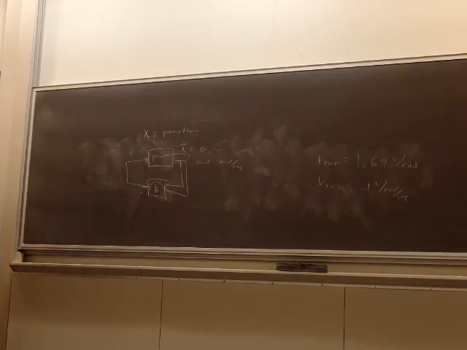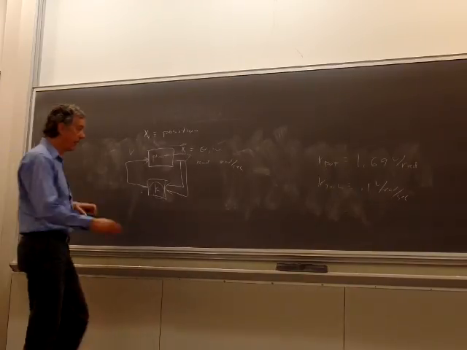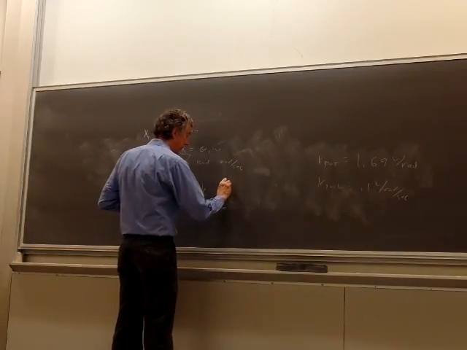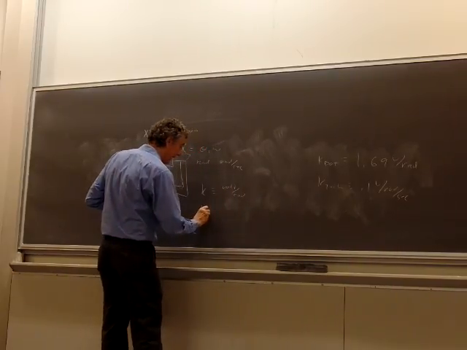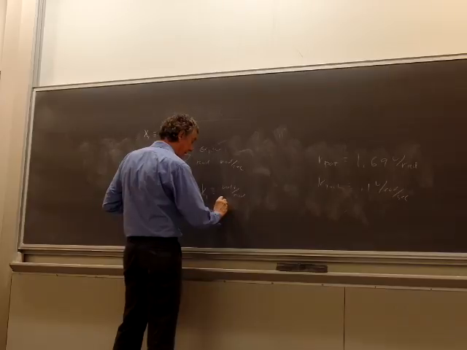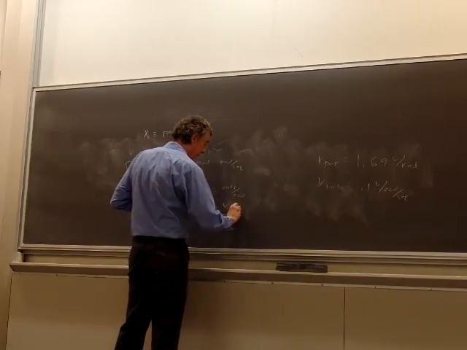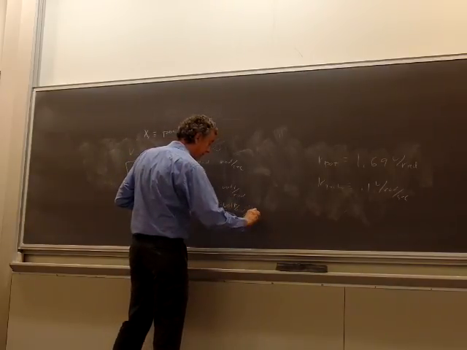K for the position must be in what units? Volts per radian. Okay? So K1, that'd be volts per radian. And K2, that'd be in volts per radian per second.